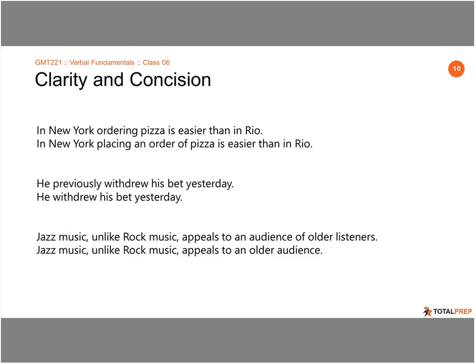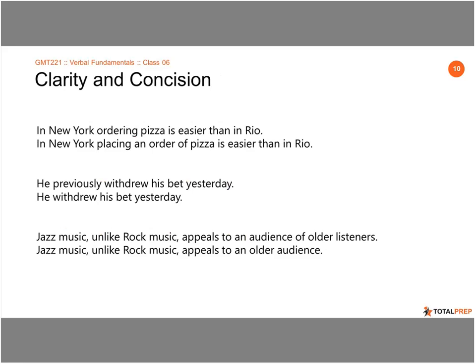Let's take a look at this first part over here, clarity and concision. In New York, ordering pizza is easier than in Rio. In New York, placing an order of pizza is easier than in Rio. I'm pretty sure that you can understand these 2 sentences.